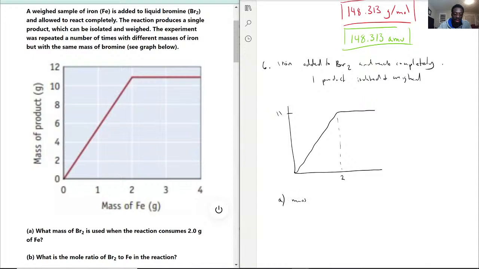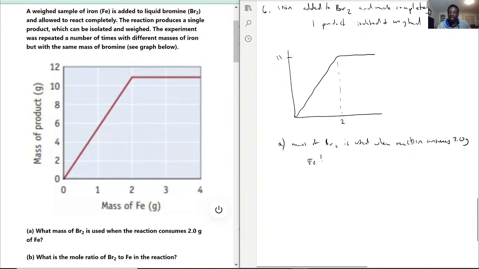What mass of Br2 is used when the reaction consumes 2.0 grams of Fe? This is going to take multiple steps, because the first thing we have to do is find out the formula that we're working with.